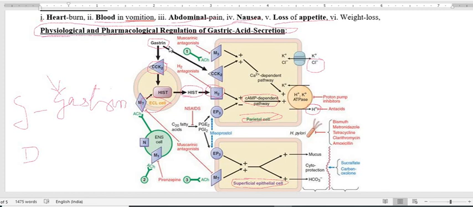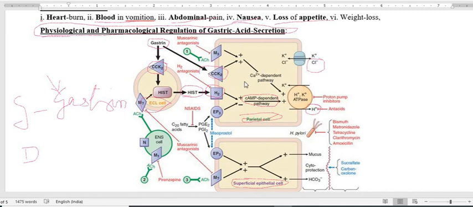The same hormone also acts directly on the parietal cell to release hydrochloric acid. Gastrin acts on the CCK2 receptor present on the parietal cell, and it gets activated. Because of the activation of the CCK2 receptor by gastrin, calcium ion gets released intracellularly.